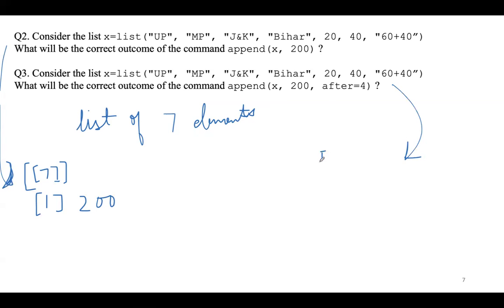So your 5th element, I do not have my pen with me today, so don't mind the handwriting. So the 5th element here, that's going to be 200. And of course, then you'll have your 6th element and 7th element, and the 8th element, of course. So this is going to be 8. Yes, okay. It's a list of 8 elements. You already have 7 elements in this. All right, I hope this is clear.